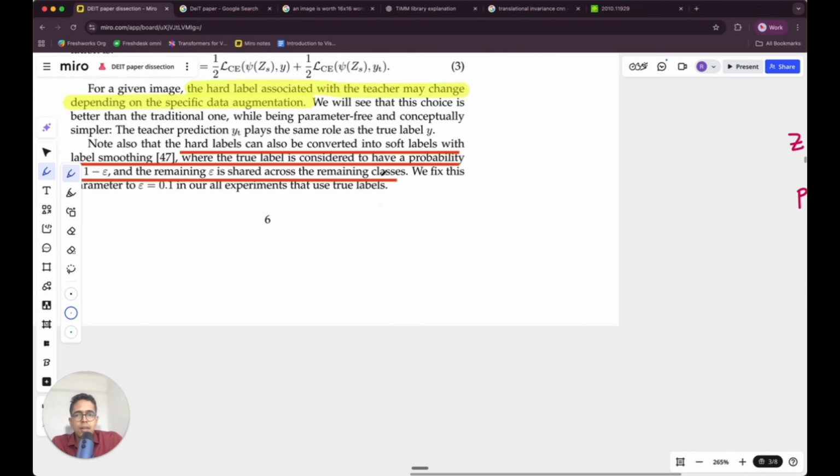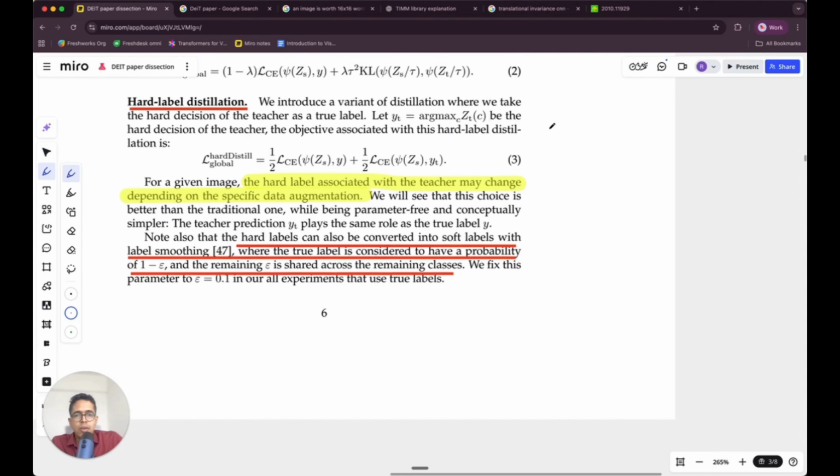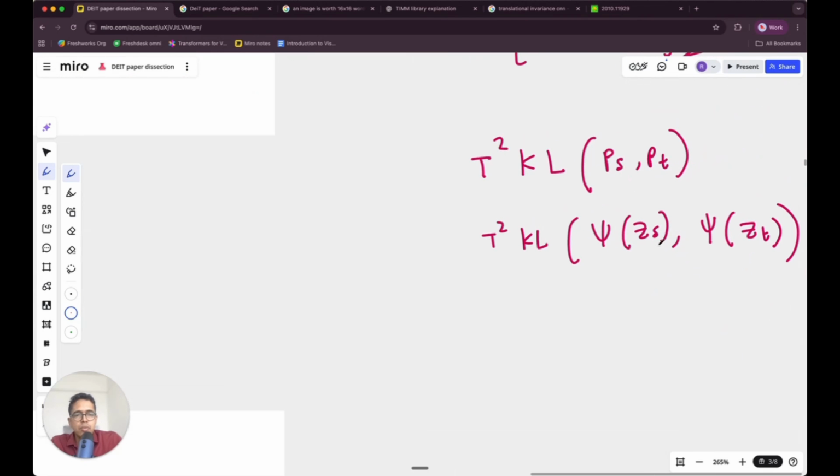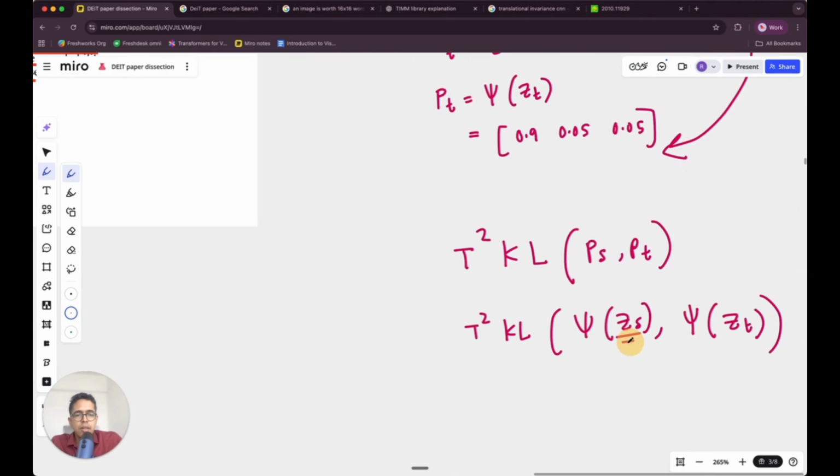I think this is how they have written it. Oh yeah, they also have a temperature term. So while calculating softmax, you are dividing the logits by the temperature term. The same temperature term is taken as a square outside here.